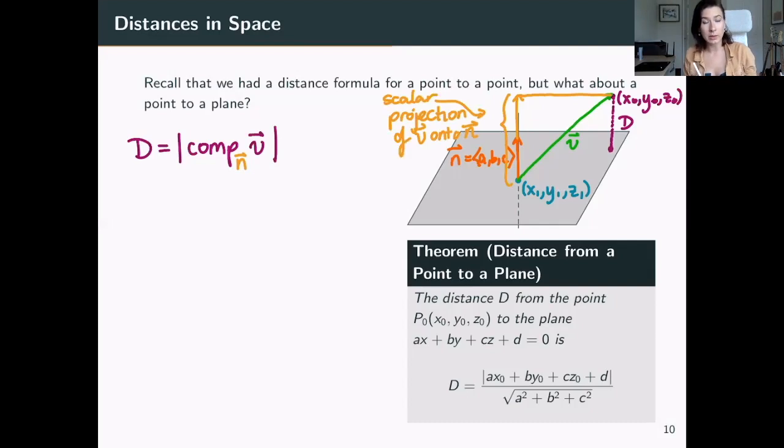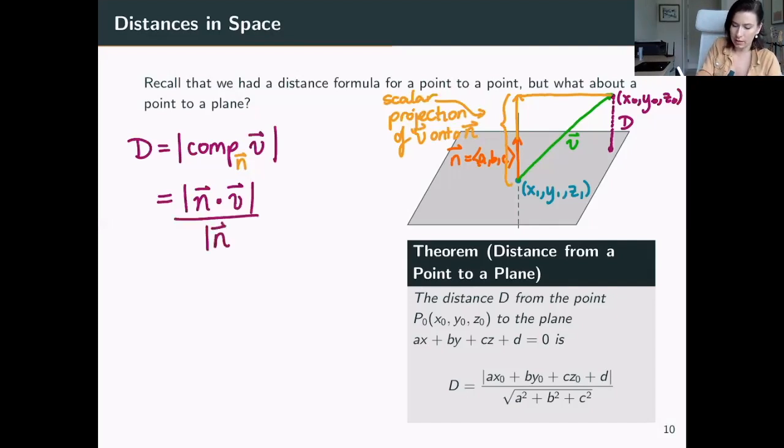Now, using what we learned last week with scalar and vector projections, we know that the scalar projection of v onto n is going to be given by n dotted with our vector v, all divided by the magnitude of our vector n. Notice again that we're talking about the absolute value of the dot product because we want this to be a positive value, a distance.